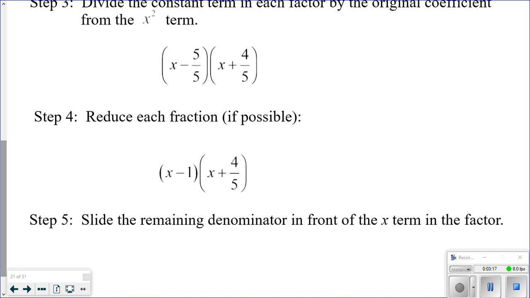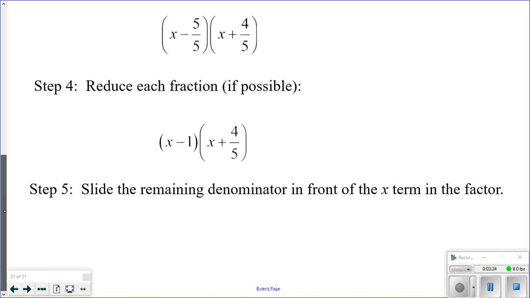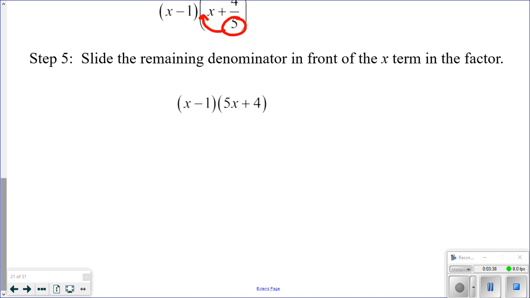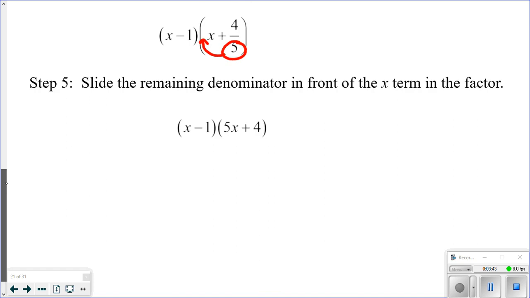So there's the dividing part of the name. And then the sliding part is that we need to take this remaining denominator, this 5, and slide it in front of the x. So our final answer would be x minus 1 and 5x plus 4.